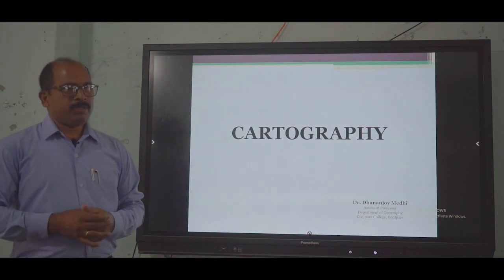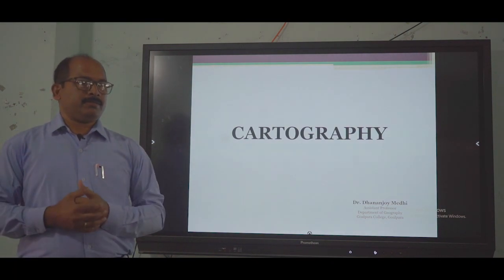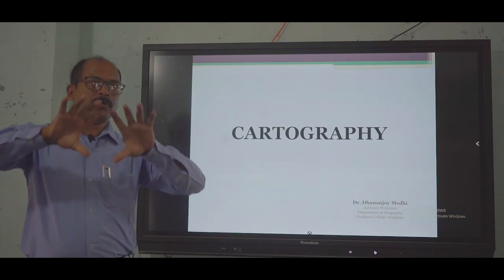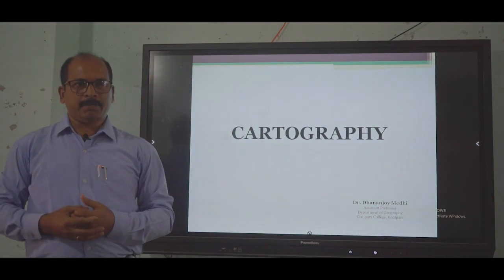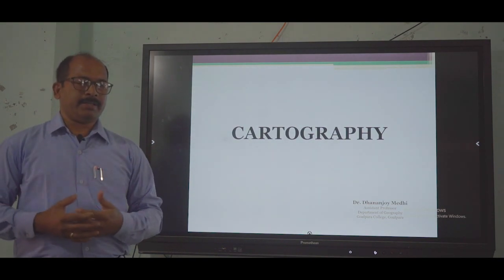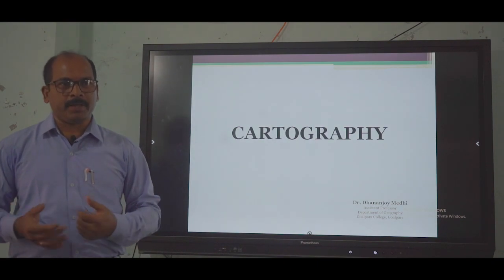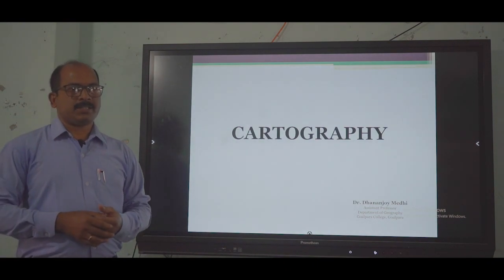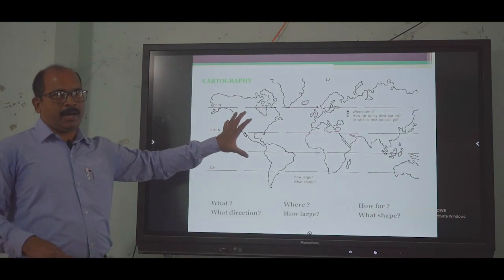Probably you know that we know about the whole earth. When we think of the earth, we have a map. When the name of any country comes to mind, we have an image. Who prepared it? How was it prepared? This is the result of cartography.